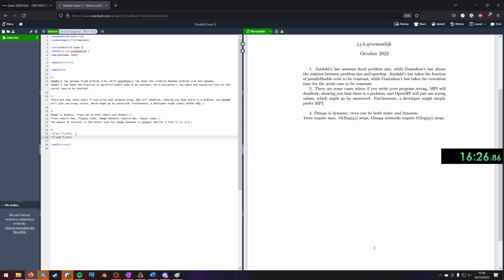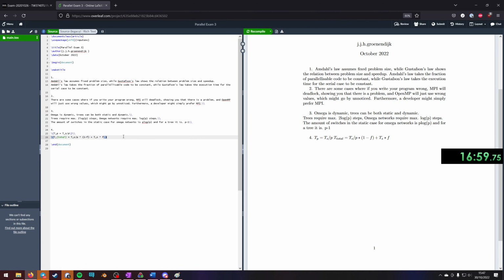So the total time is t_s times (1 minus f) over p, plus t_s times f, where f is the serial percentage, the fraction of the time that is serial.